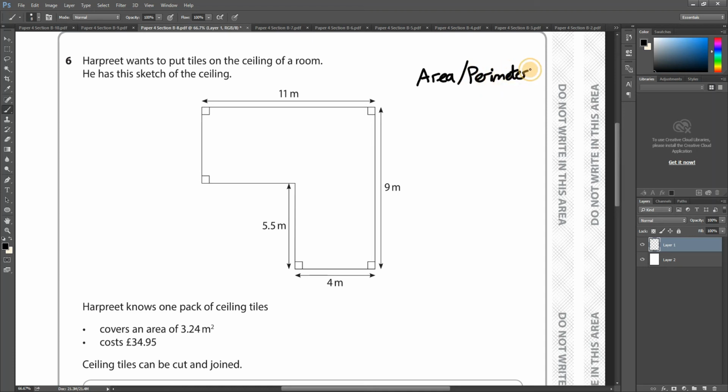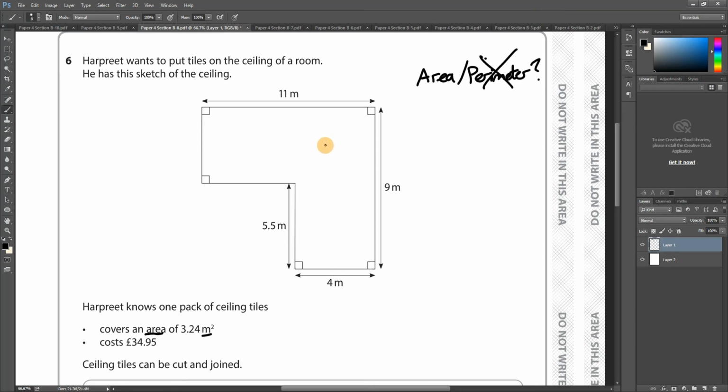Always ask yourself whenever you get anything to do with shapes like this question, and look for the clues. Where's the clues in this question? Oh, there you go. They're talking about area already. Look at that, covers an area, and they're talking about meters squared. Definitely to do with area.